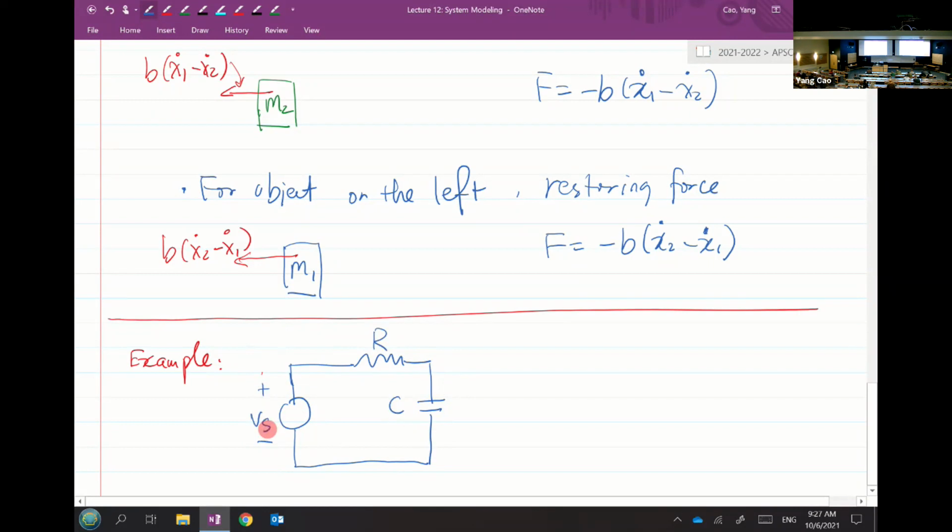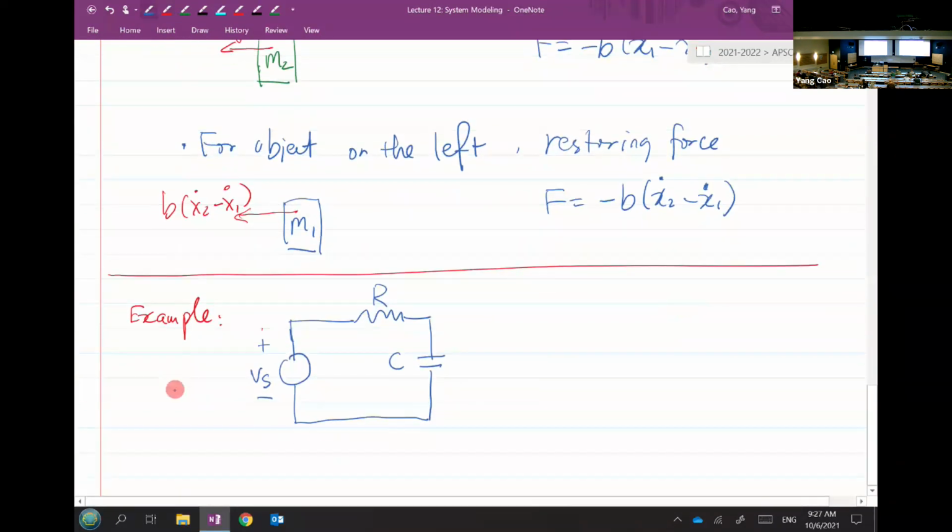Here's a very simple RC circuit. It has an input voltage Vs. It has a resistor and a capacitor. What we want to obtain is the relationship between the input and the output. And the output refers to the voltage across the capacitor. So this is the RC circuit.